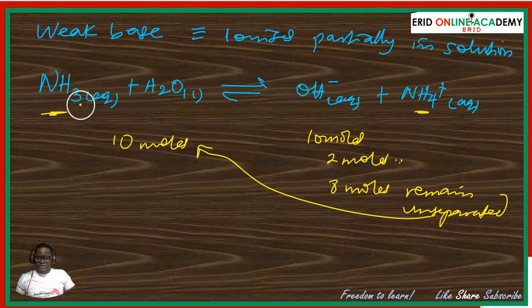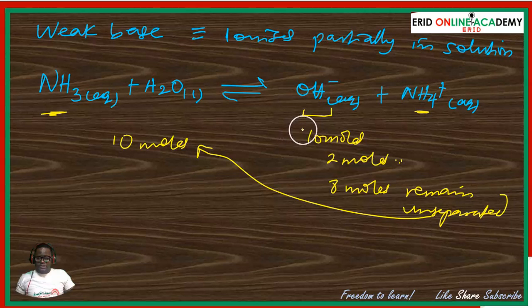Then we'll say that this is a weak base. And if it is a weak base, it means that the concentration of hydroxide ion would be lower. And if the concentration of hydroxide ion is lower, the pH will be lower.